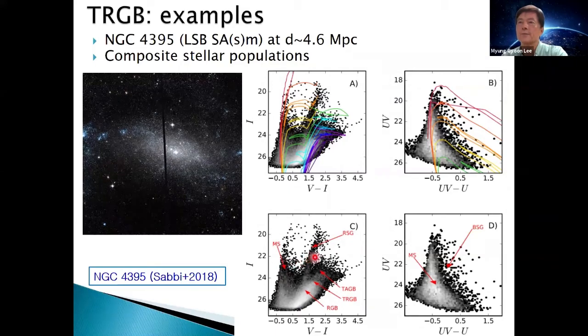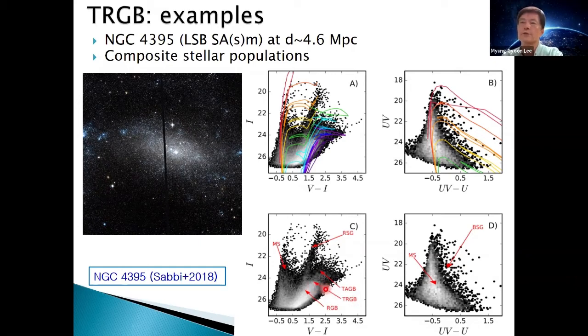And here, bright red stars, which are red supergiant stars. They are also very young. Ages are typically 10 to 20 million years. And then going to redder and fainter, you can see two discontinuities. The upper part corresponds to the tip of the AGB, so it is called TAGB, and the lower part, another discontinuity, corresponds to the tip of the RGB, so TRGB.